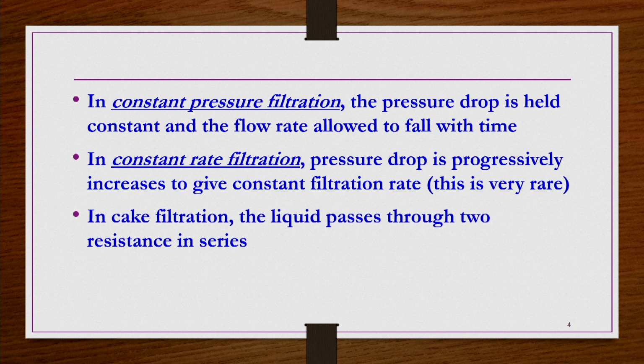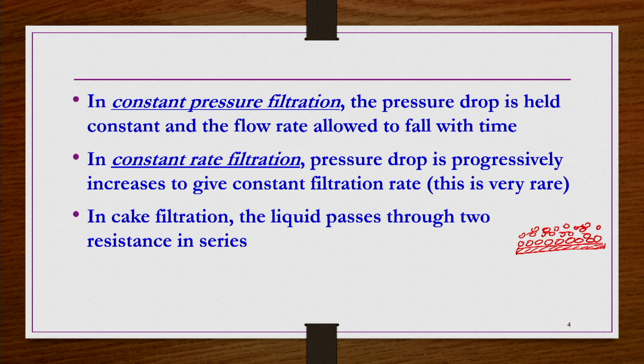So, in cake filtration, the liquid passes through two resistances. One is the resistance offered by the filter medium as it is, and the other is that as time progresses, particles deposit on the surface of the filter medium and form a cake.